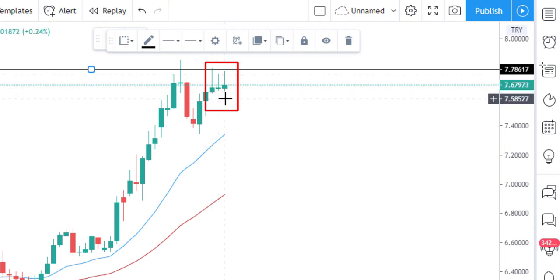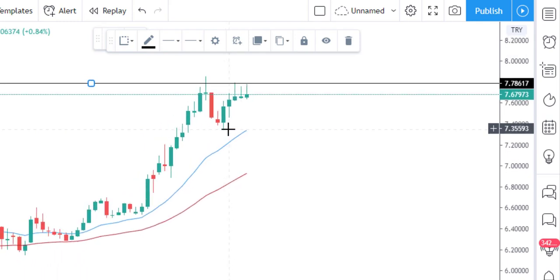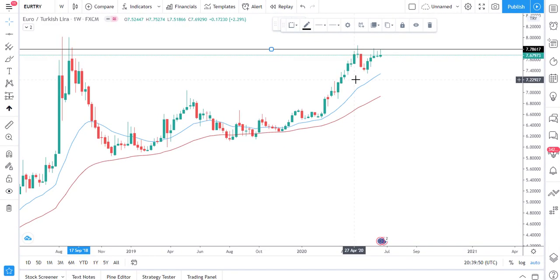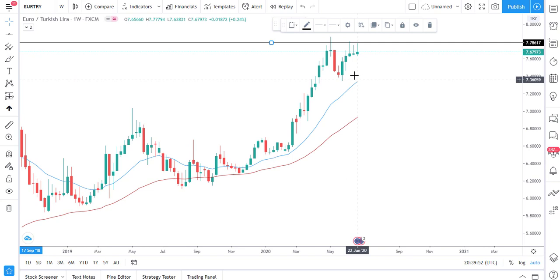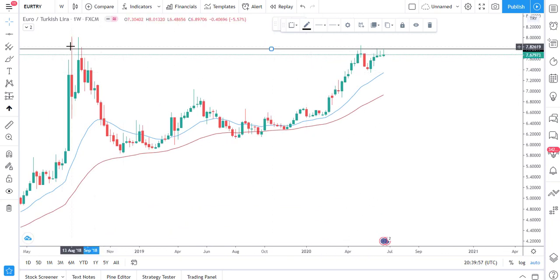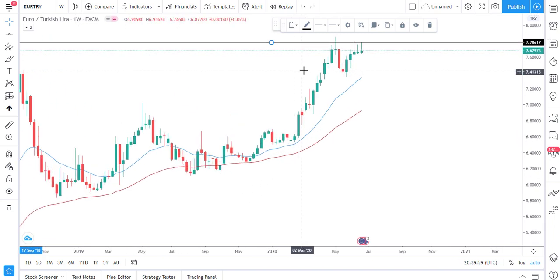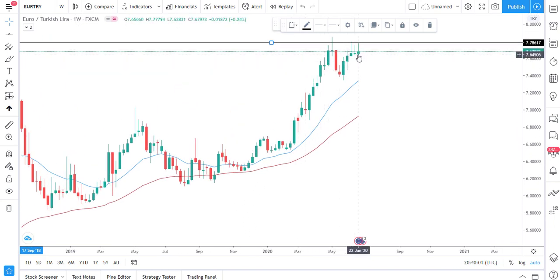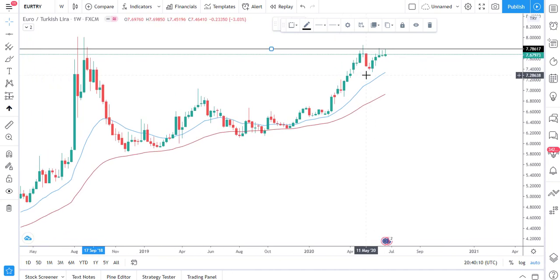So we get a pin bar here, we got another pin bar within this pin bar, and then we also got another pin bar last week, which is very significant to me, because this is telling me that we are getting sellers at this area, based on where it hit before. Right now we are getting multiple resistance signals, which are the pin bars around this area, which is telling me that we are going to be seeing a very huge sell-off to the downside.